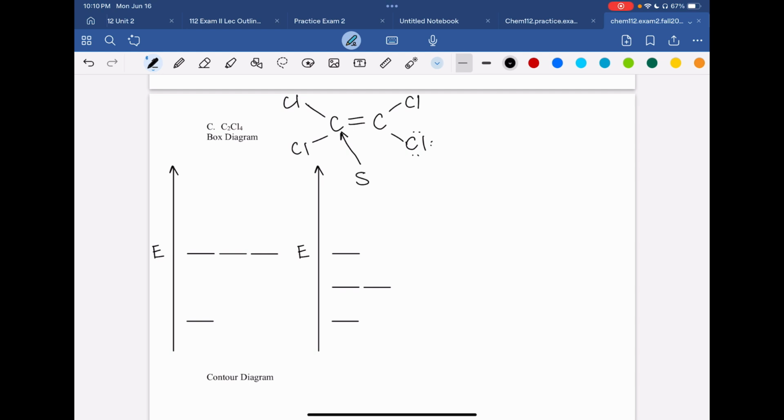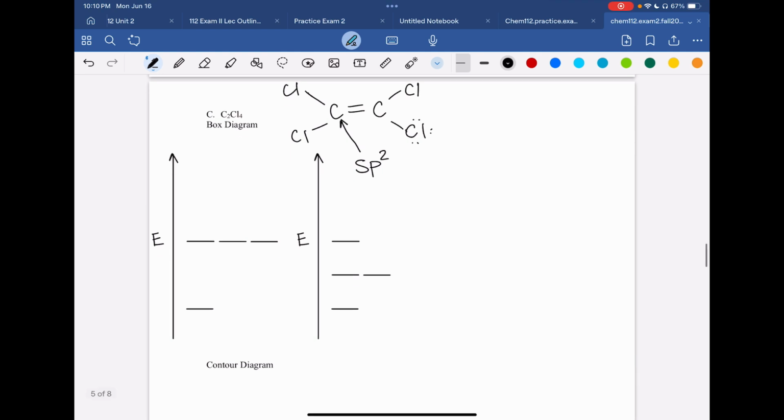You should be saying sp2, right? 1, 2, 3, 3 things. So that's the hybridization they occupy, the orbital. Okay, so let's see. Carbon, carbon's valence is in the 2s, 2p. You should know how to do this. I'm not going to hold your hand.